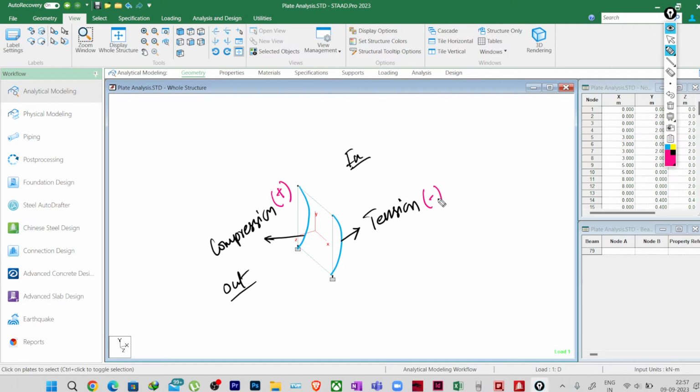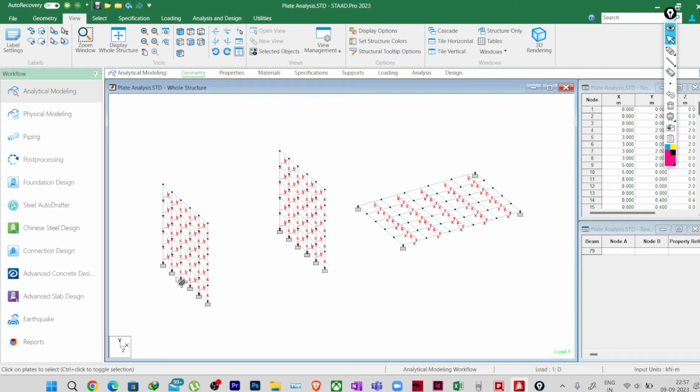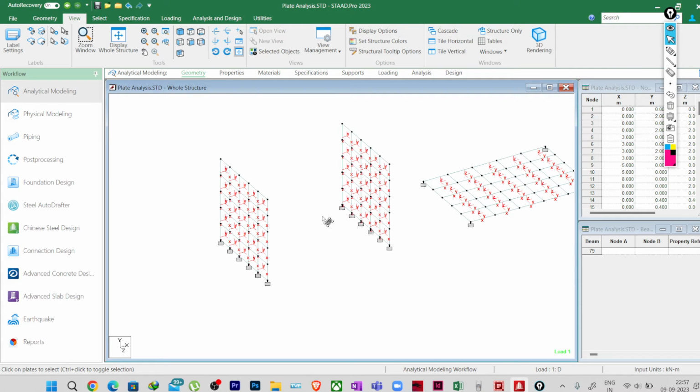Now if I just turn the whole object, you see here we have two plates. Suppose this is my internal and this is my out.